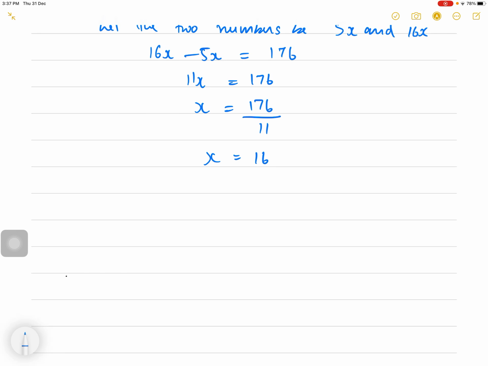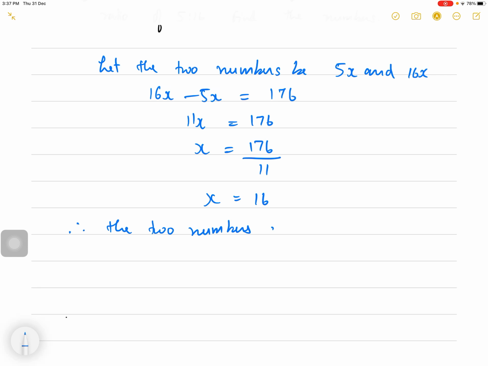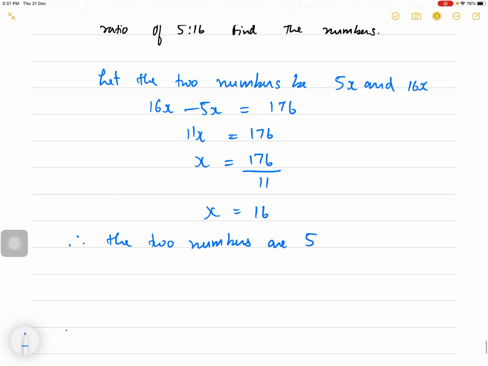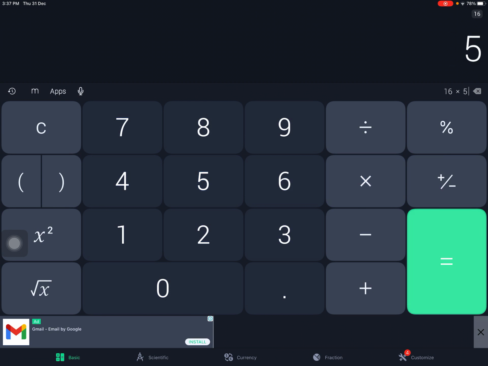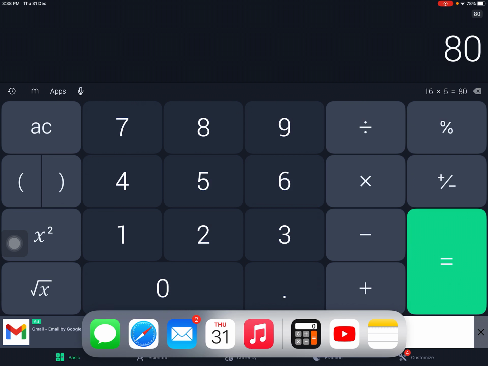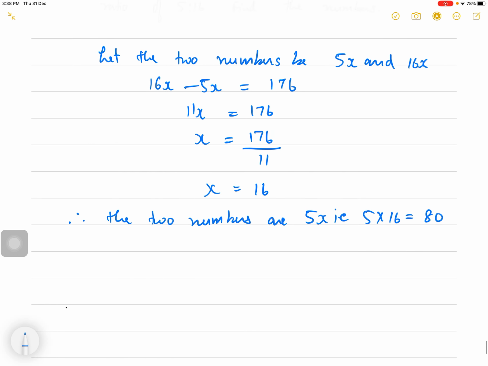Okay, therefore the two numbers are 5x, that is 5 into 16, which is 80.